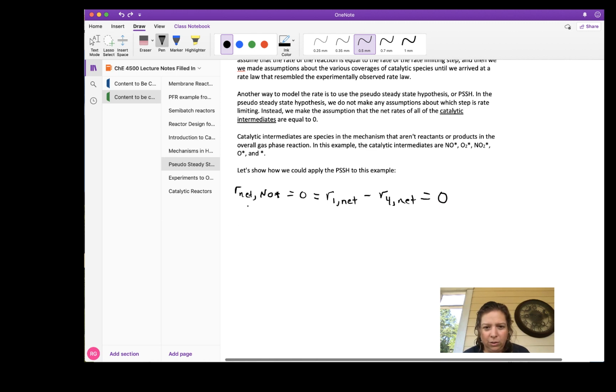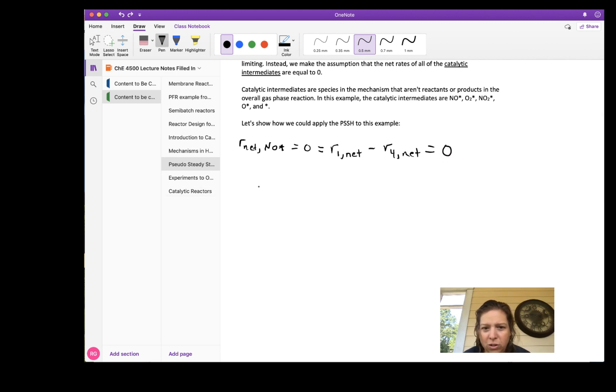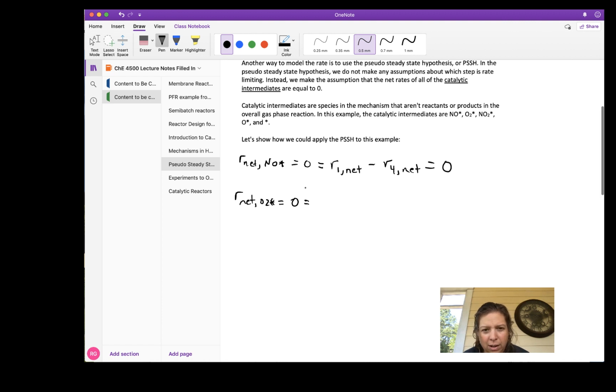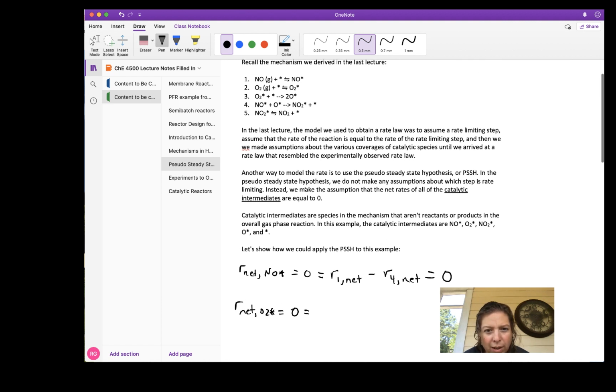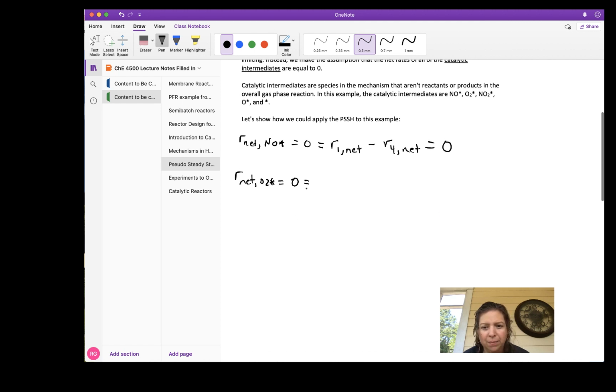And similarly, I can do this for all of my reaction intermediates. So R net for O2 star equals 0, and that's going to equal R2 net minus R3 net.